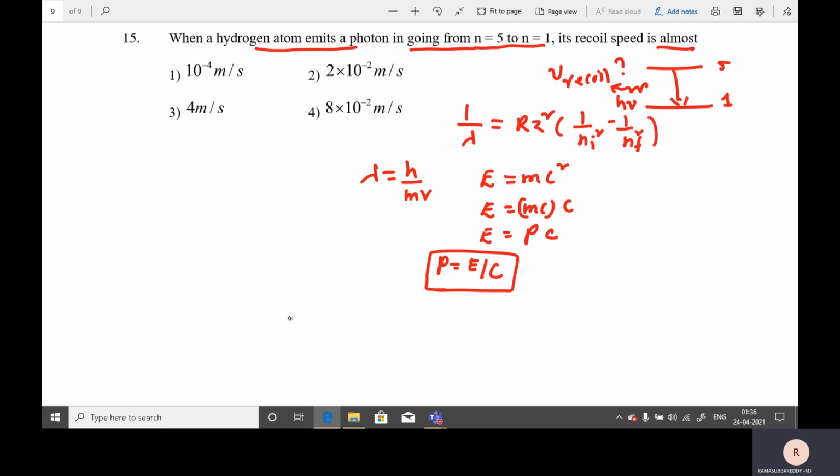So they asked to find the recoil speed for hydrogen. The momentum of hydrogen is equal to the momentum of the photon, that is the radiated energy divided by c. So this momentum is mass into velocity, equal to energy by c.